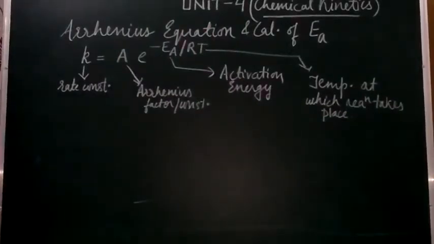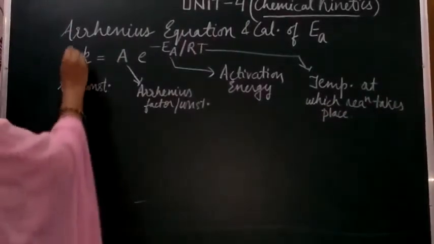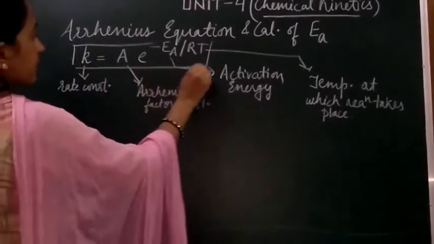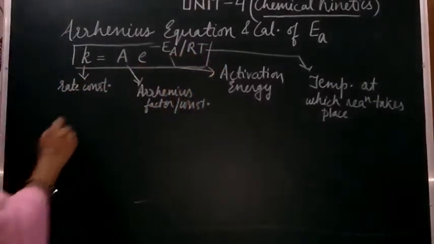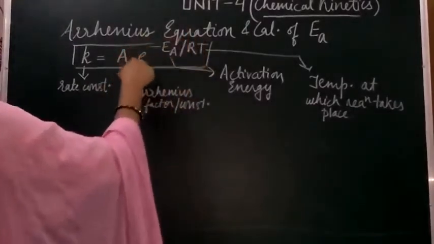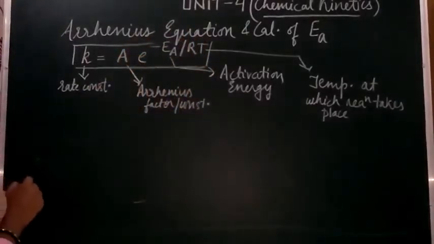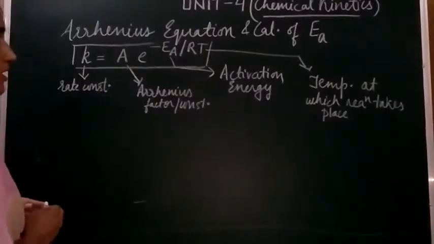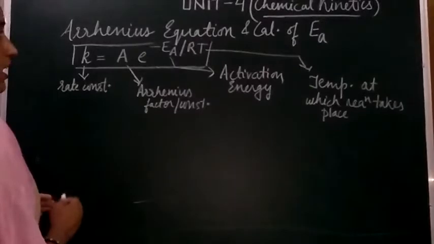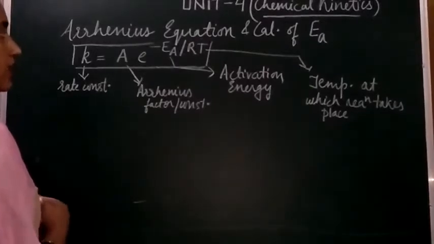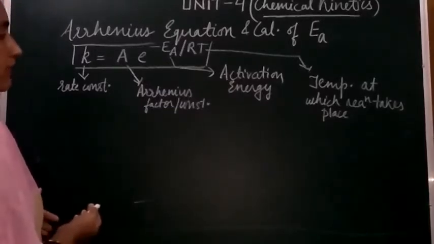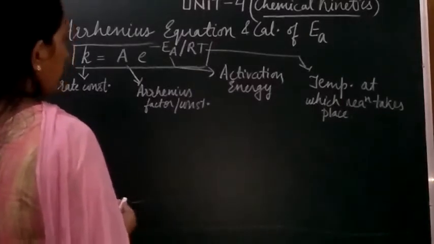Now students, we are going to write this equation, which is the Arrhenius equation. Here one more thing is there: the exponential term, e raised to power minus Ea upon RT, denotes the fraction of the molecules which will possess energy greater than the threshold energy, so that they can make the effective collision for the product formation.